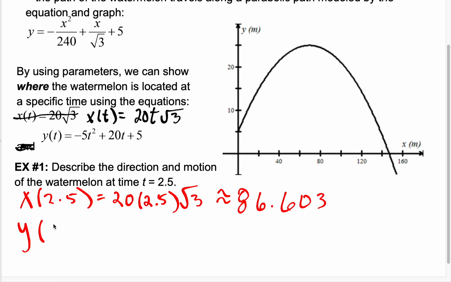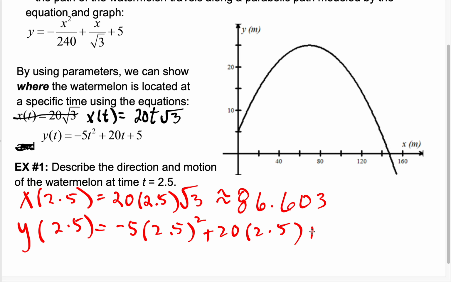But when we plug 2.5 into the other parametric equation, we get negative 5 times 2.5 squared plus 20 times 2.5 plus 5, and there's no rounding at all. That turns out to be exactly 23.75.